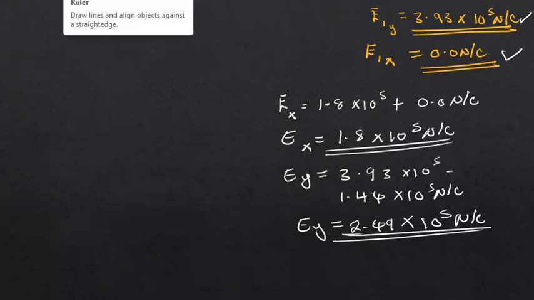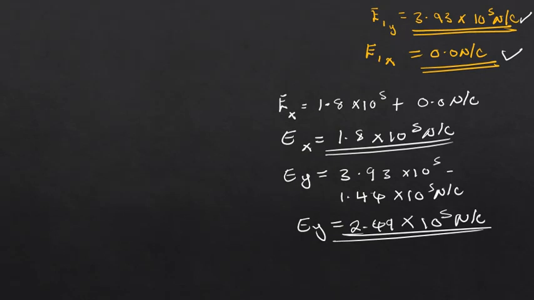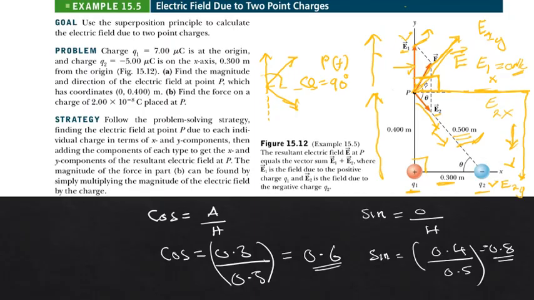After having done everything, you now have EX and EY. You can use them to find this vector component which we are looking for.